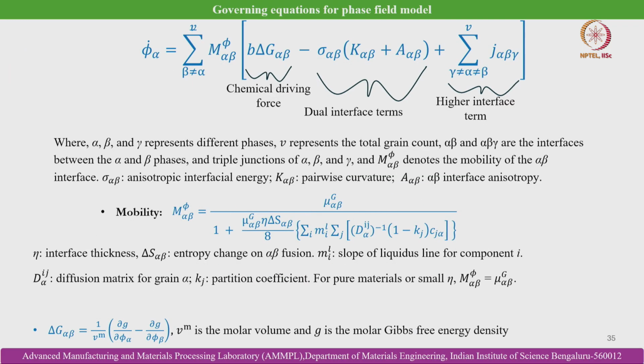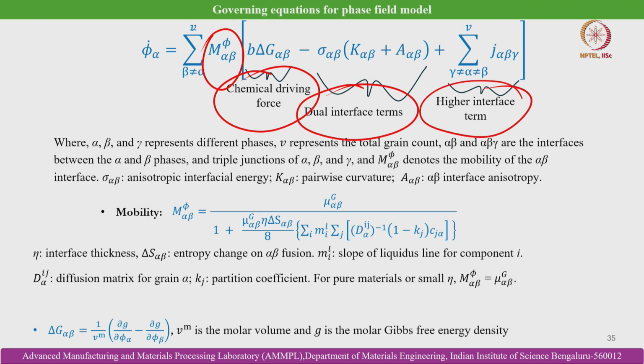So, what are these? As we already said, m alpha beta is the mobility term, and b delta g alpha beta is the chemical driving force, and sigma alpha beta into k alpha beta plus a alpha beta are the dual interface terms, and the last one, j alpha beta gamma, is the higher interface term. Here alpha, beta and gamma represent different phases.